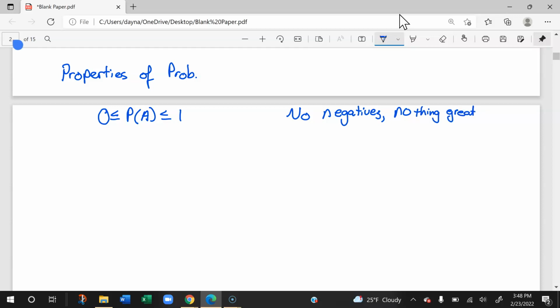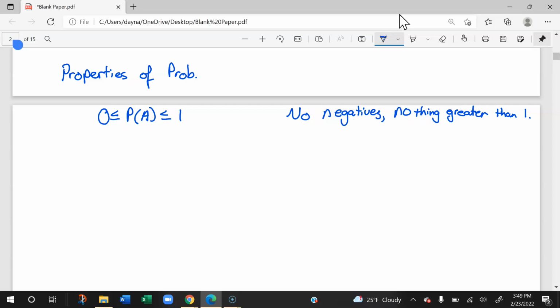Think about probabilities as percentages also. You can't have greater than 100% of the time. You can't have the chance greater than 100%. In other words, if you are a quarterback and you are throwing the ball, you cannot throw the ball more than 100% of the time to your receivers.